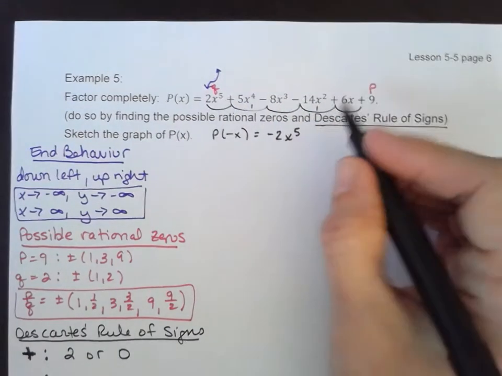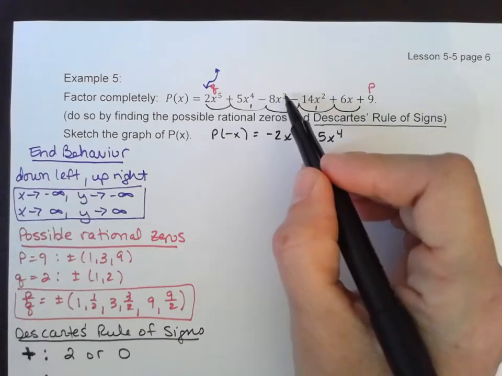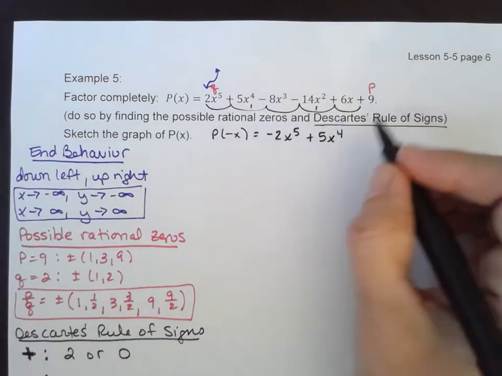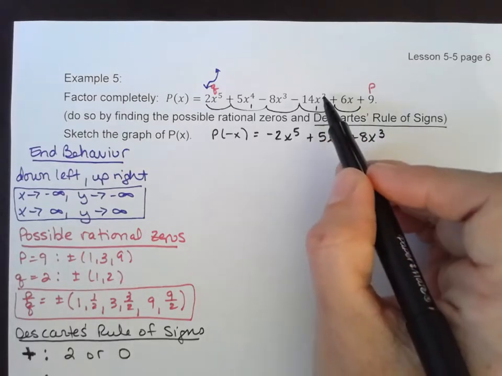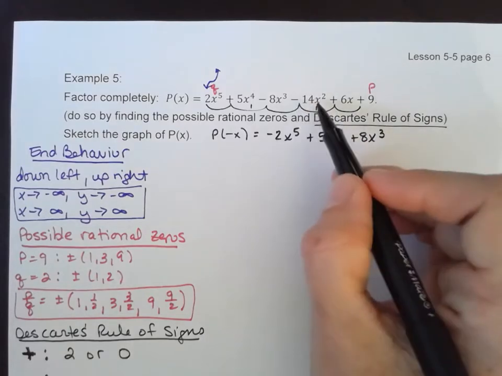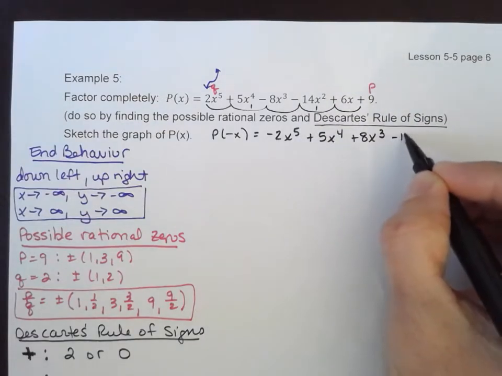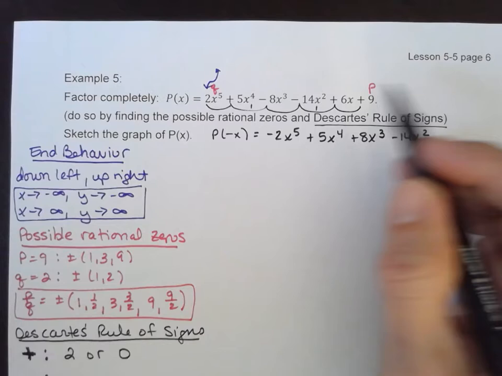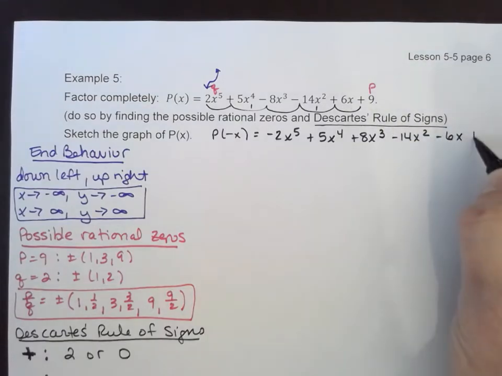Positive times positive is positive. Negative cubed is negative. Times negative is a positive. Negative squared is positive. Positive times negative is negative. Positive times negative is negative. And then bring down the plus 9.